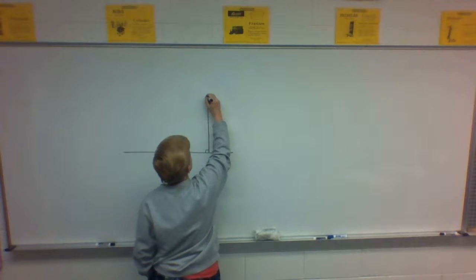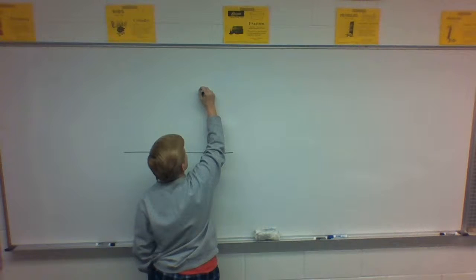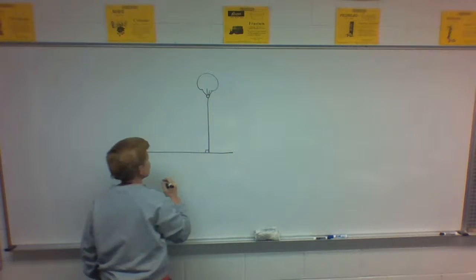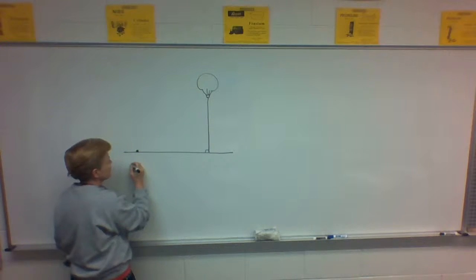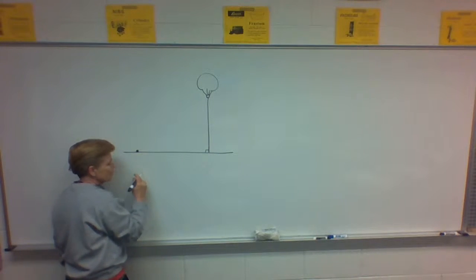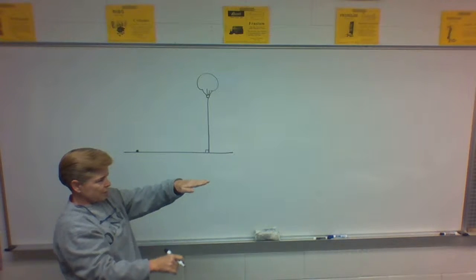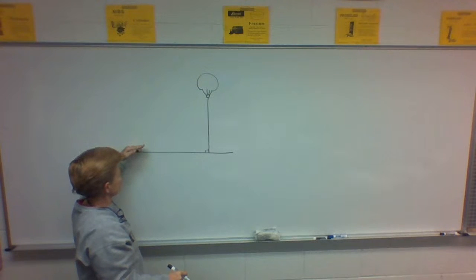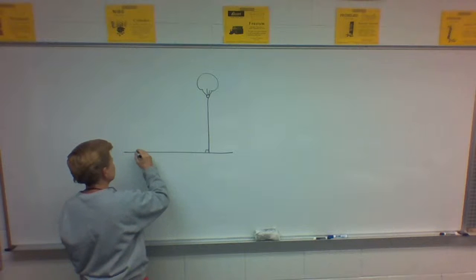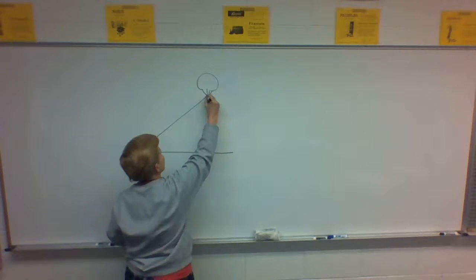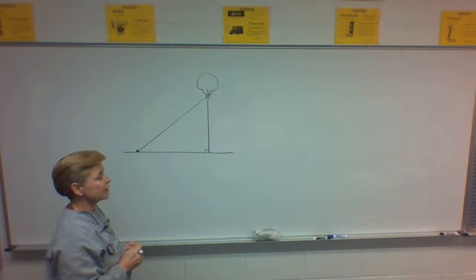Here's the balloon up here. That's pretty crappy, but oh well. And here's the rangefinder. And what the rangefinder does is it keeps the balloon in its scope. So it's sitting right here, and as the balloon starts to rise, it's on a little swivel here, and it rises up, keeps that balloon in sight all the time. Okay? So it's looking up here like that, and we need to fill in some details, but here is the key to solving these, right here.